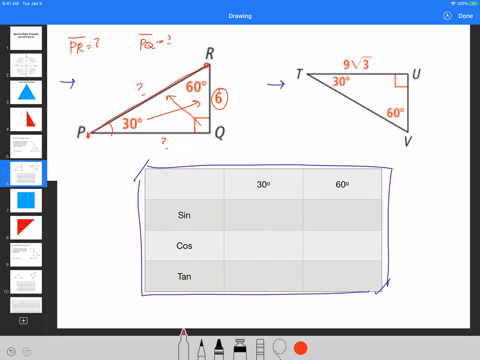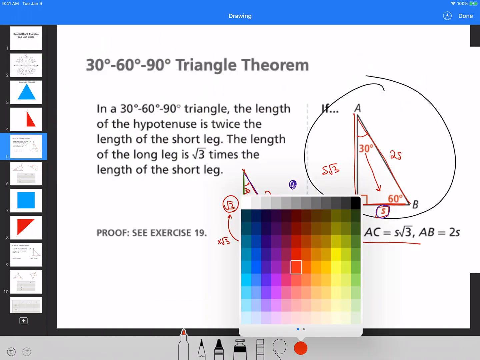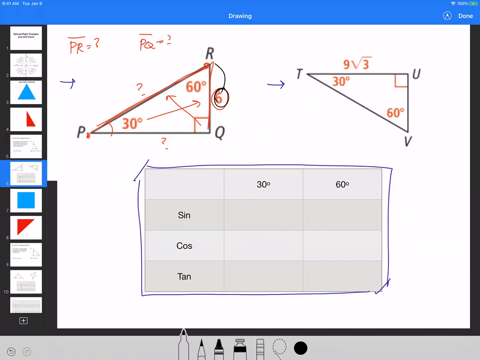What is the relationship between the smallest side, 6, and your longest side opposite from 90? If we go back, whatever was given to me as S, you simply have to double it. So if that was 6, this would simply be 12. That's it. You just have to double it.